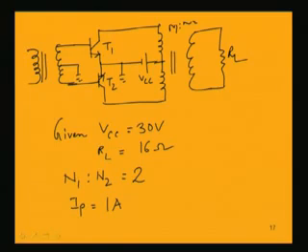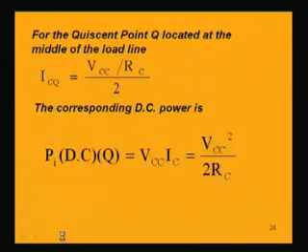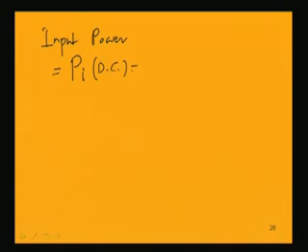So, this is the data given to you. Now, if we want to find out the input power, we know that input power, say Pi DC, is equal to 2 times VCC into IP by pi.